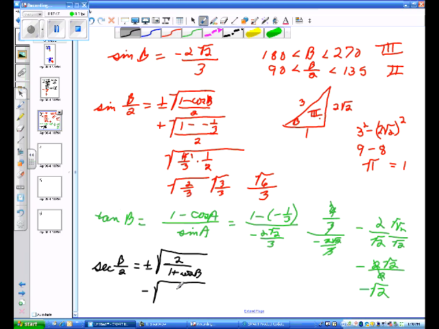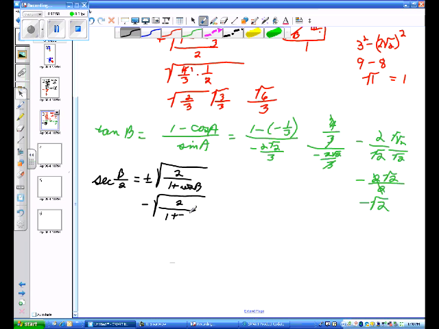Then we would have 2 over 1 plus, okay, the cosine was negative 1/3. So that gives us negative the square root of 2 over.